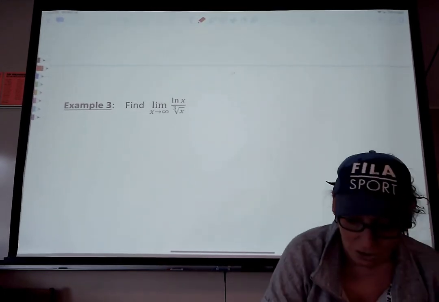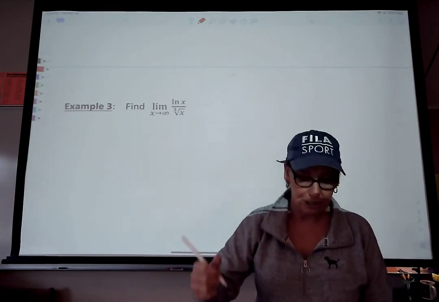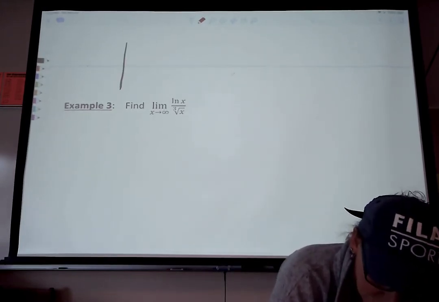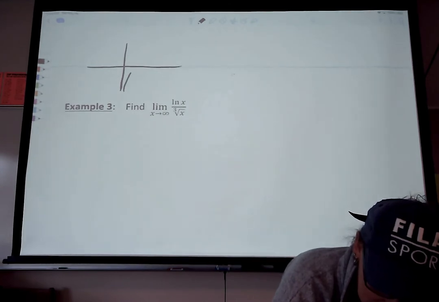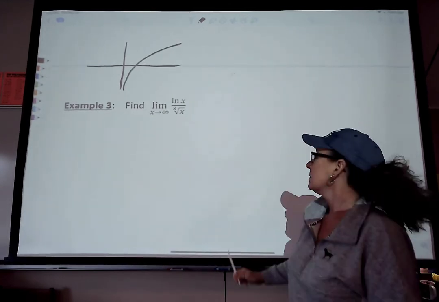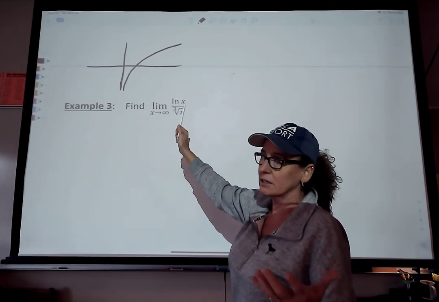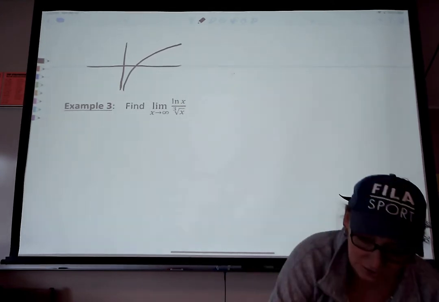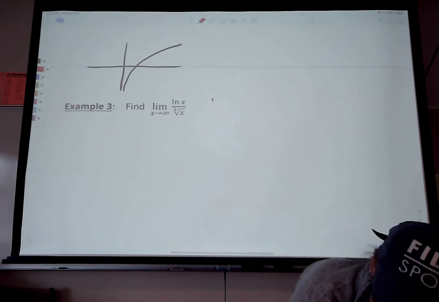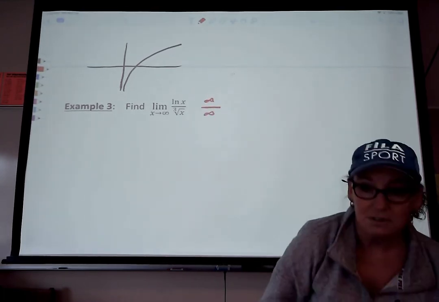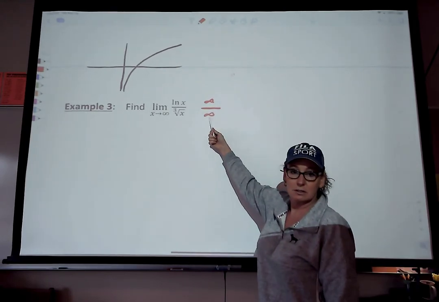Natural log of infinity. Okay, if you know what your natural log graph looks like, and golly, I sure hope you do. Natural log graph looks like this. And it does continue to grow slowly, but it does grow. So the top is headed toward infinity. The cube root of infinity, that's headed toward infinity.